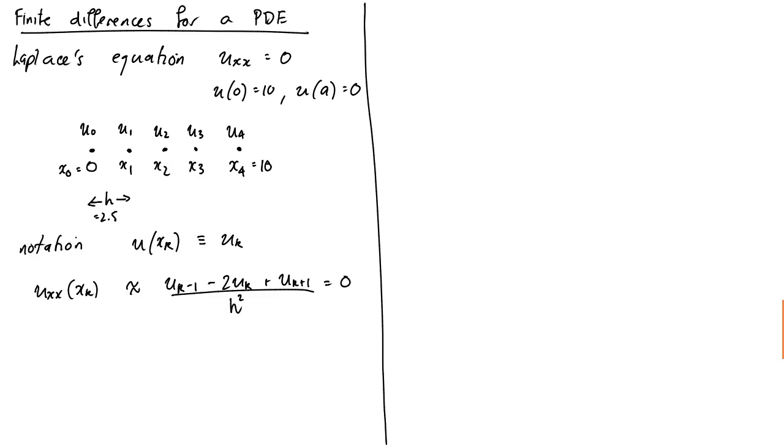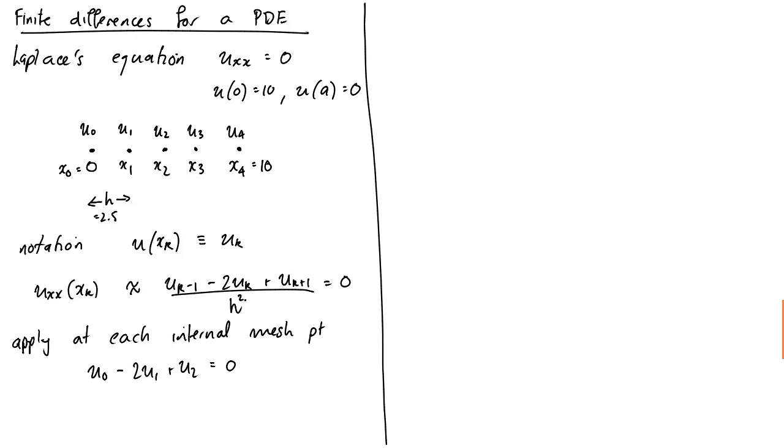So what we basically get here, we just apply this equation at each of our 3 internal points. And we get the following 3 equations. u0 minus 2u1 plus u2 equals 0.